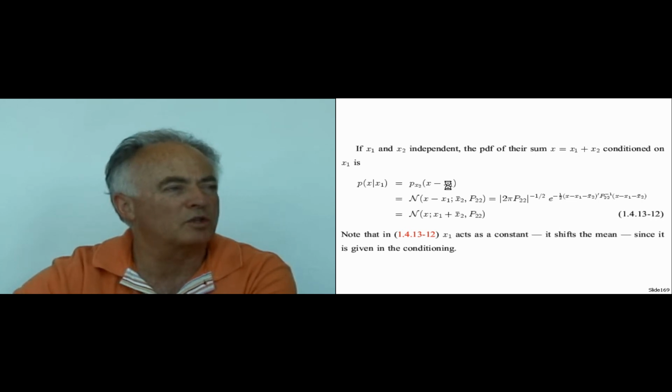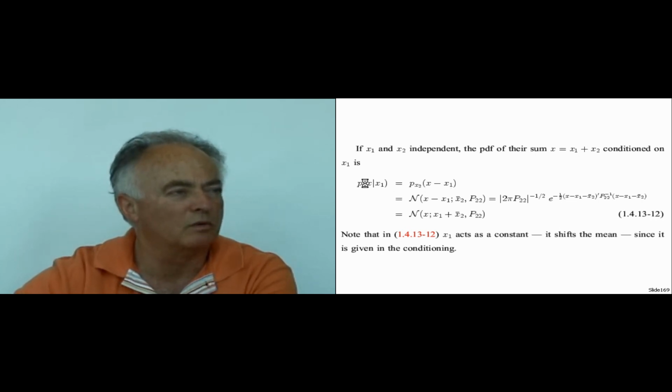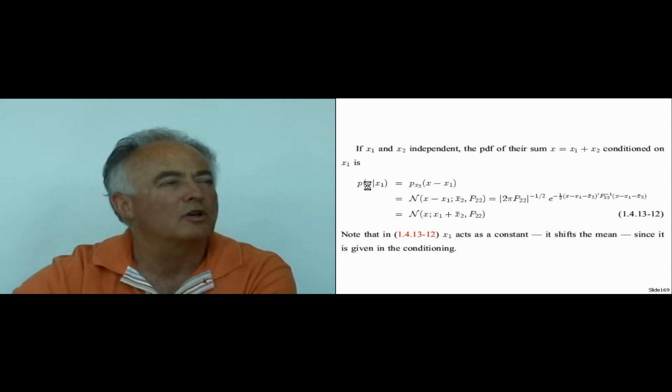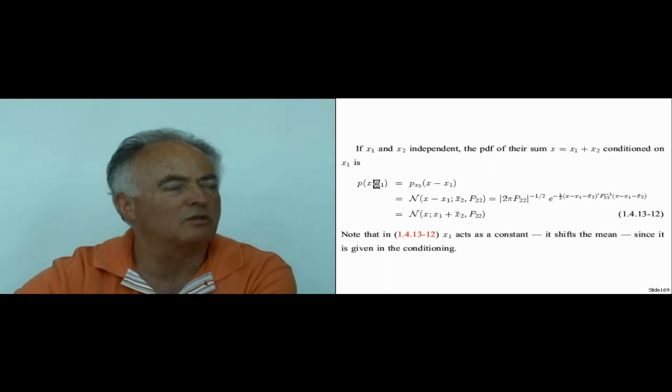So the PDF of the sum x1 plus x2, given that one of them is a fixed value, that's a constant, is a shifted version of the PDF of x2 by just that quantity x1. So this is Gaussian. The argument is x minus x1. The mean is x2 bar because that's the PDF of x2.